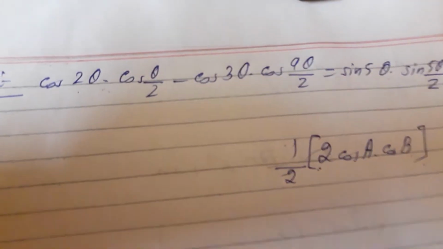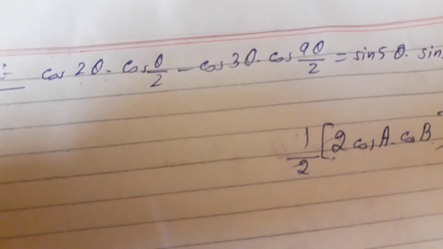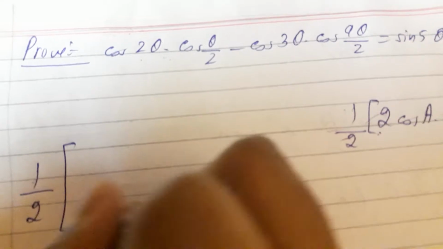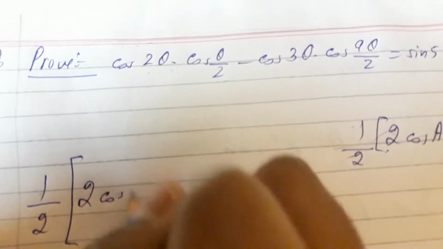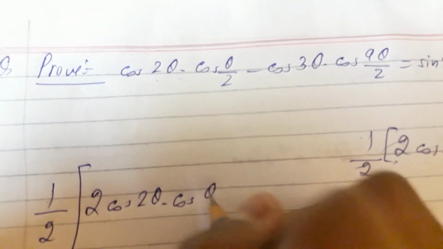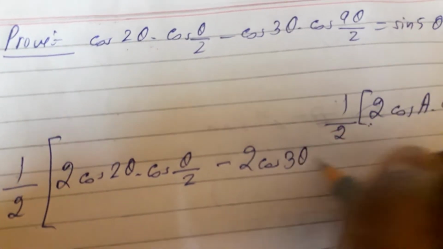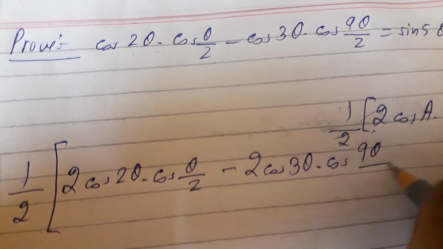So you have to multiply half also and then 2 also. Let's start. You have to do it in this way. This is the first step. First you have to multiply the whole by half, then take 2 cos 2 theta into cos theta by 2 minus 2 cos 3 theta into cos 9 theta by 2.